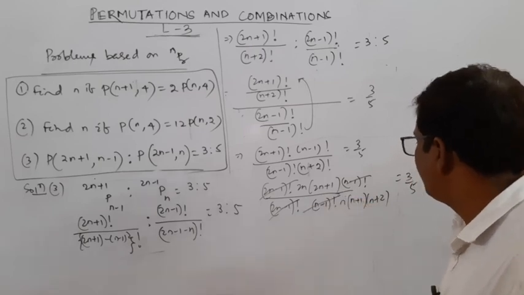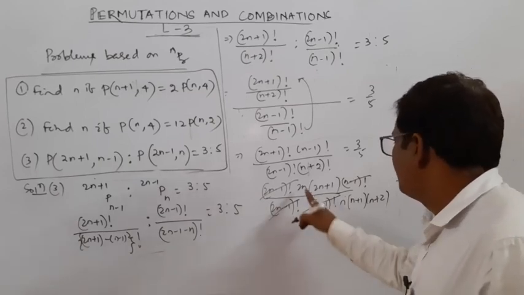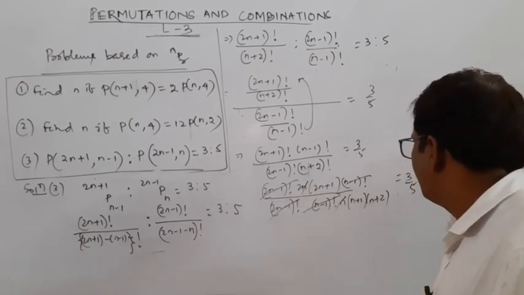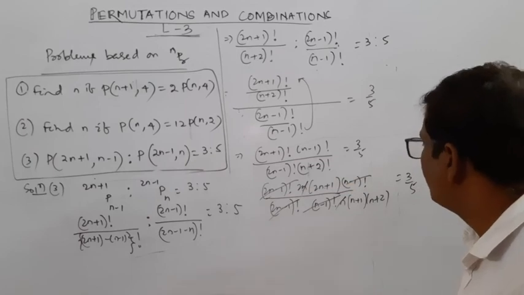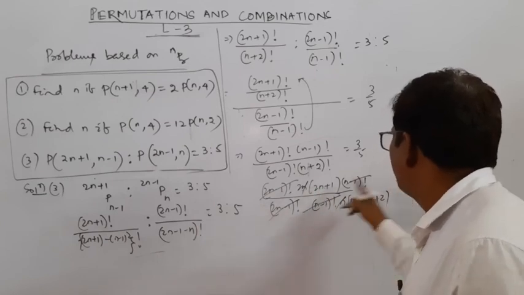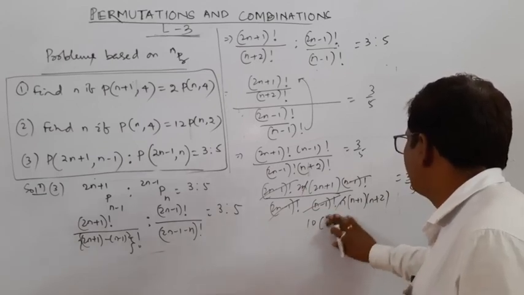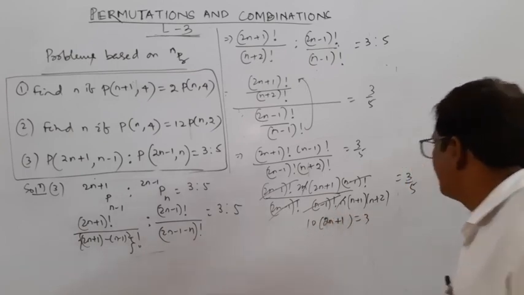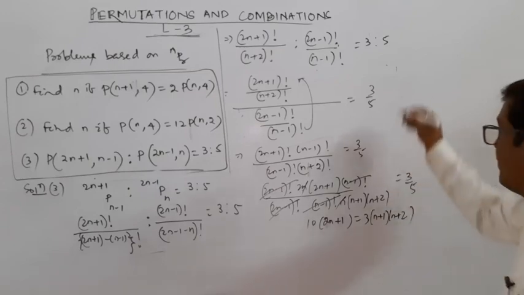So remaining here 2n into (2n+1). Multiply, 2n and n cancel here, and the term is here 2(2n+1) into 5, that is 10 into (2n+1), equals 3 into (n+1) into (n+2). Now simplify this.